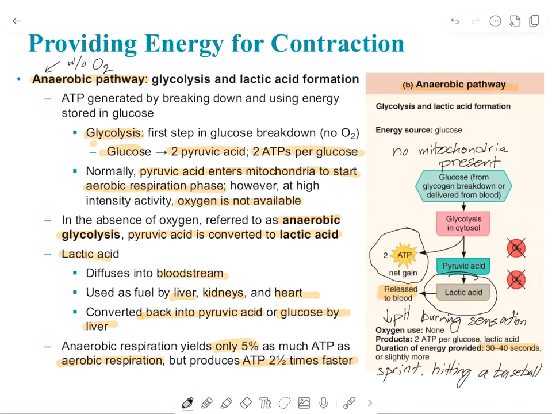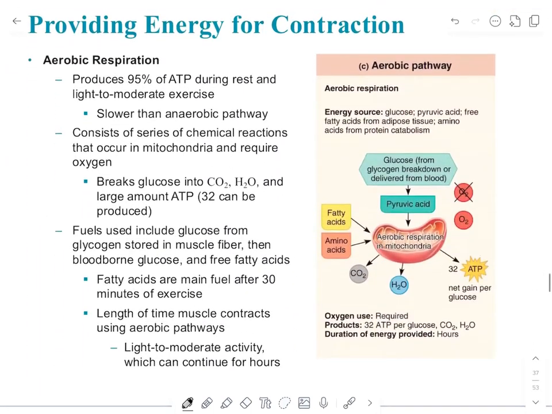When more ATP is produced, it's called aerobic respiration because, as you can see from this image, we have the mitochondria present. It produces 95% of the ATP during rest and light to moderate exercise. So it's slower than the anaerobic pathway, but it produces so much more.